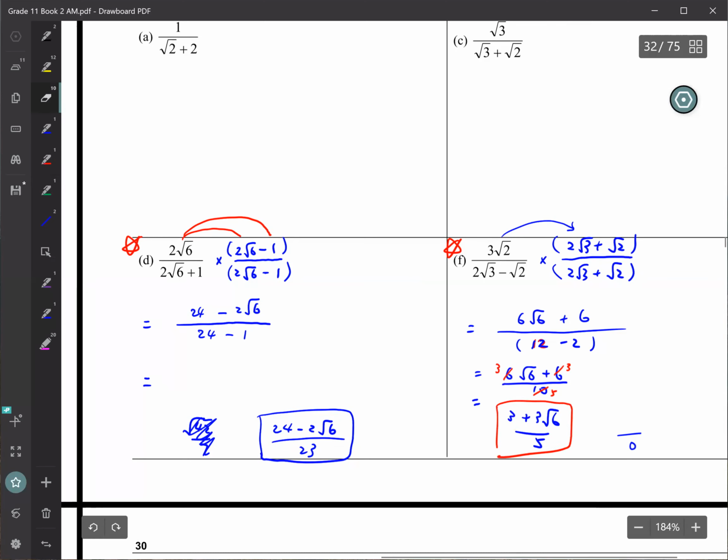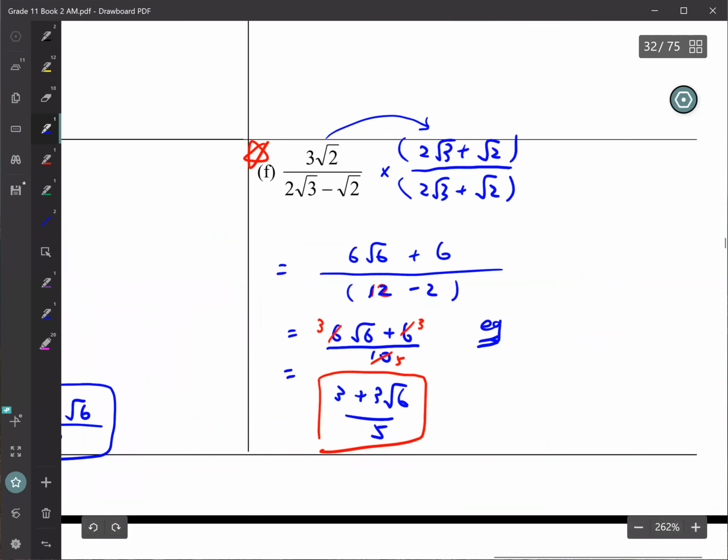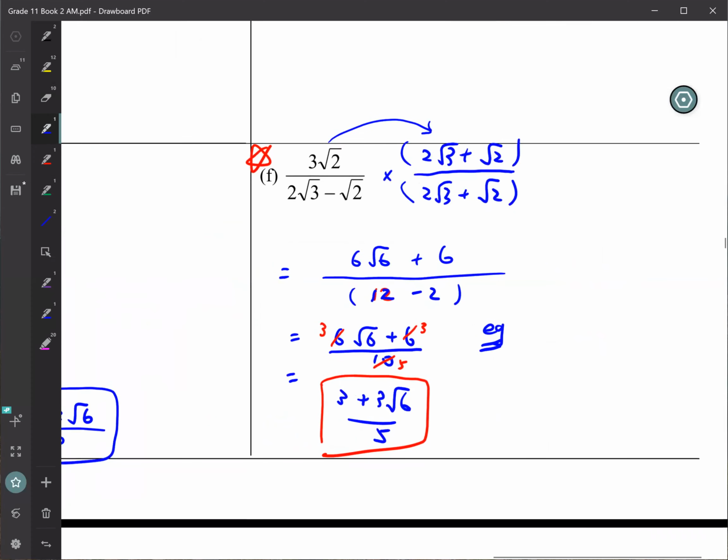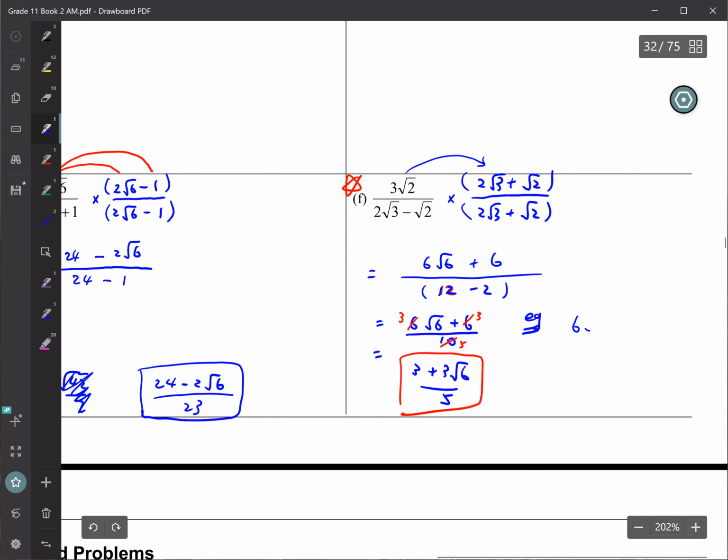So make a note on the side, okay? Let's say the answer that you get is 6 root 6 plus 5 over 10. Suppose you get this, right?